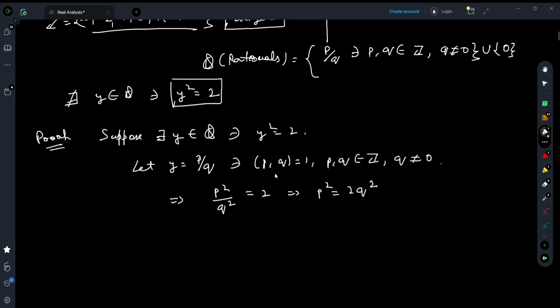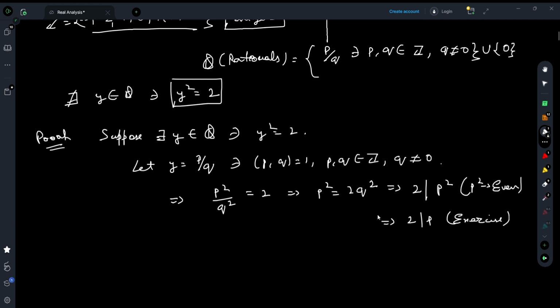Now if you have a basic idea of number system, you know that this implies that p square is an even number. Rather, we write it as 2 divides p square. Now this is a pretty simple fact that if 2 divides p square, then 2 will also divide p.